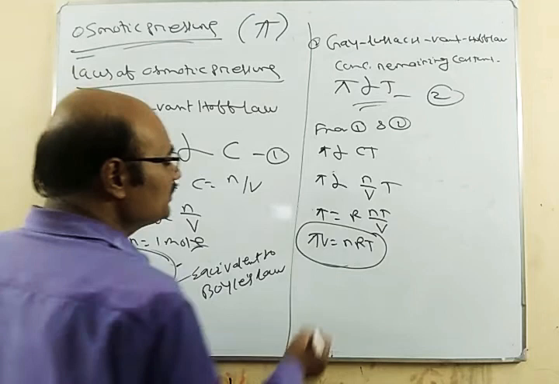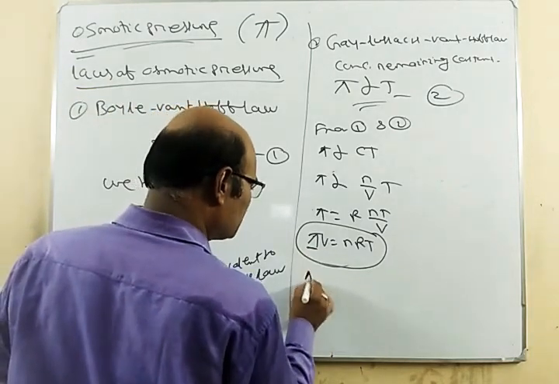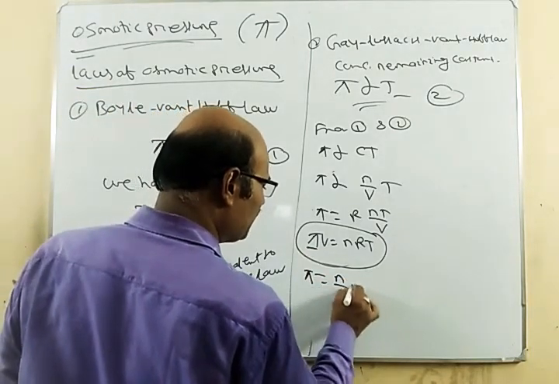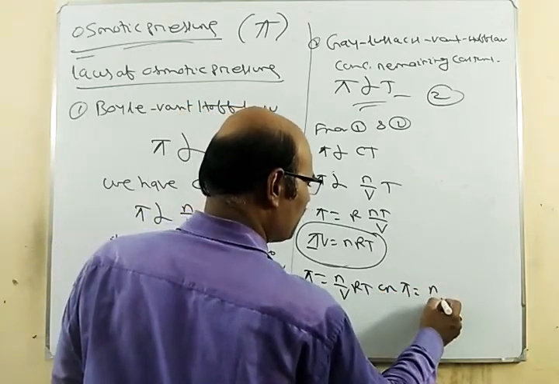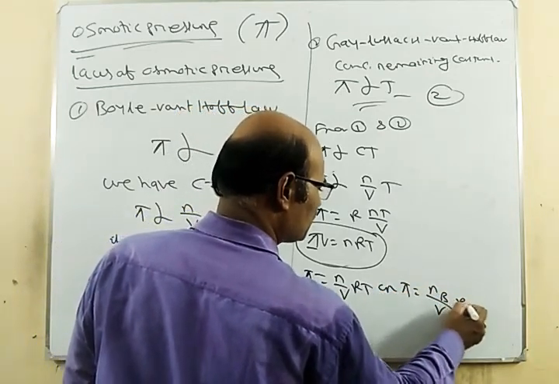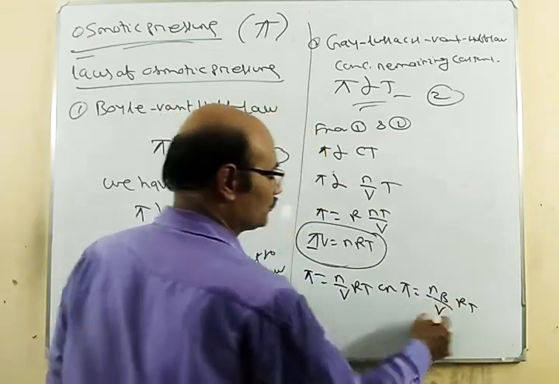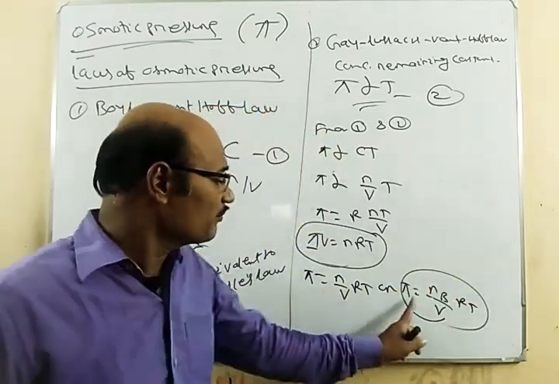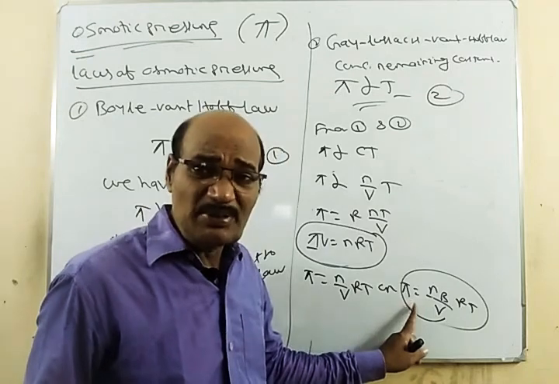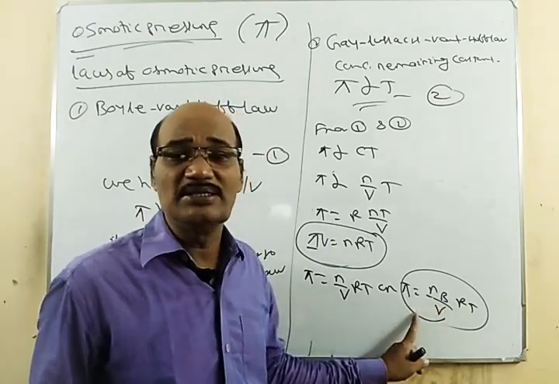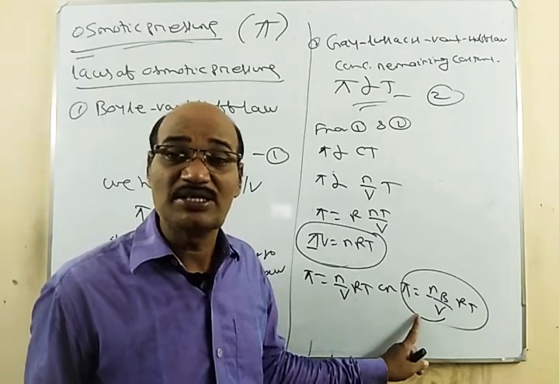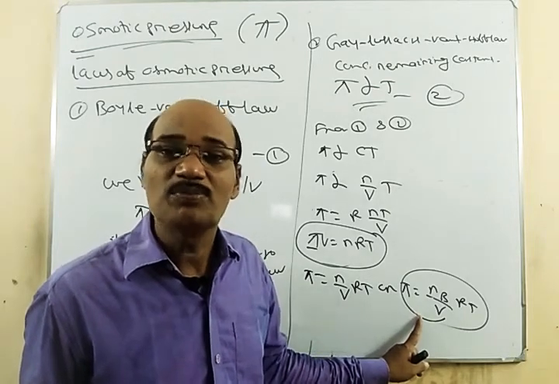So here I can write pi is equal to n by V RT, or pi is equal to n_B by V RT, that means the number of moles of solute. Because pi depends upon the number of moles of solute n_B, pi is a colligative property.